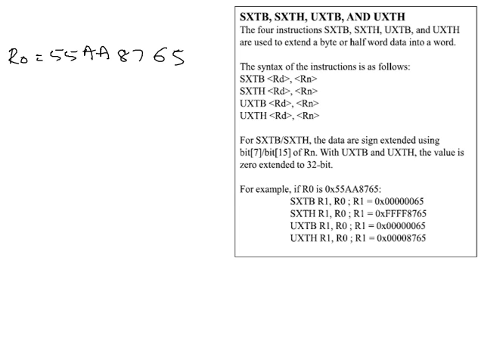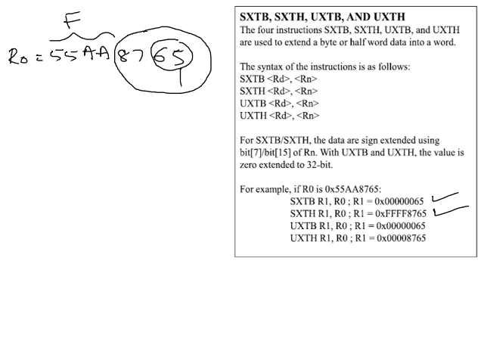If you consider SXTB, only the byte will be retained, as given here. SXTH means this part will be retained, but the upper 16 bits will be replaced by FFFF.